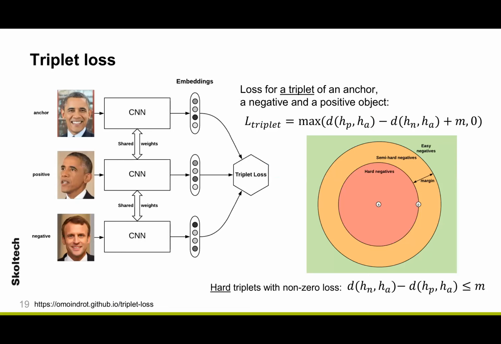In the case where we have some supervision, I will mostly focus on the problem of face recognition, but you can imagine similar problems. In face recognition, you have a large sample consisting of a series of images, where each series is images of one person. For example, all images are of Barack Obama, and we have another cluster of images of Macron. Having collected such data, we can apply this simple metric learning idea.